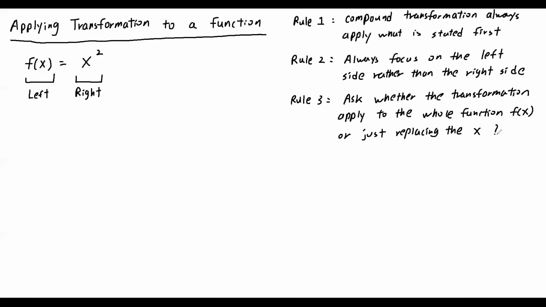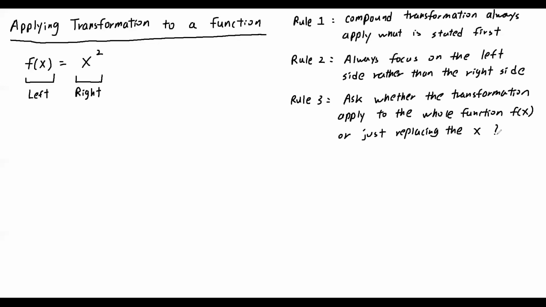To summarize what we have gone over, we learned how to apply transformations to a given function. So we have 3 rules. The first rule is compound transformations always apply to what is stated first. The second rule is always focus on the left side of the notation, then go to the right side of the notation.